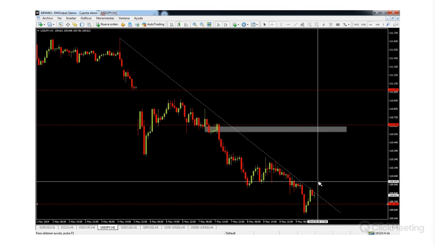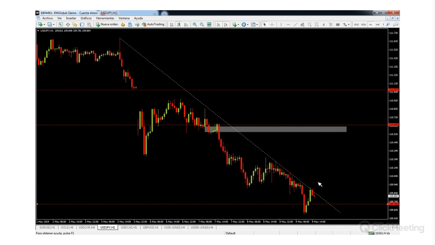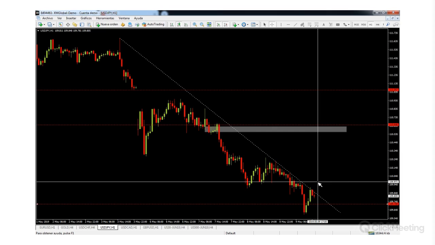Because if we break the previous high, we are going to break with this bearish structure that we are currently in. So basically, my level to buy the US dollar versus the Japanese yen is around the 109.97, 109.95 level. When we break above this, we are going to be buyers.